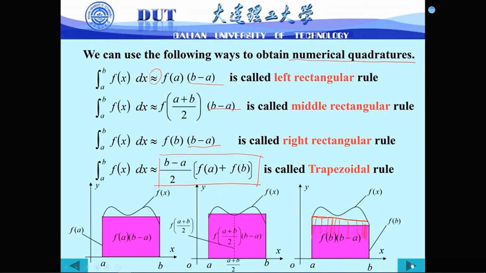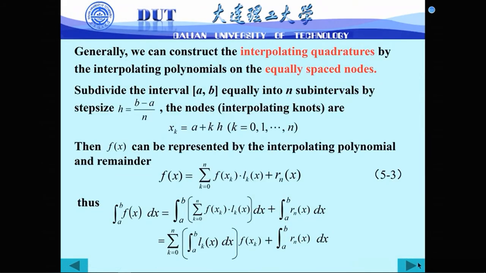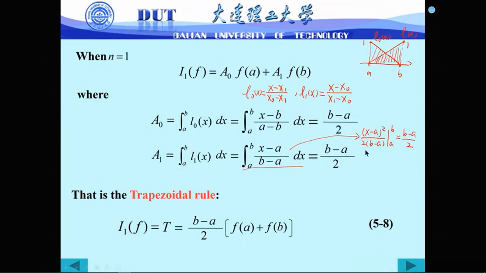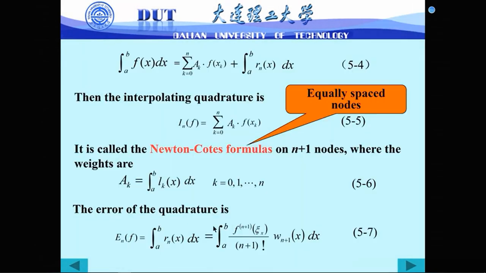By the figure, you see what it means. We obtain I1(f) because I1(f) is the integral of P1(x), because P1 is a linear Lagrange interpolation polynomial.